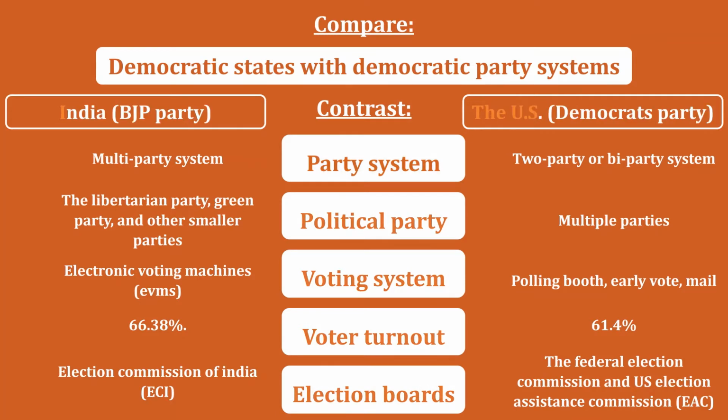While in the US, it has 2 federal bodies called the Federal Election Commission and the US Election Assistance Commission, EAC. What has worked well for India is a fully empowered but fiercely independent and neutral election commission.